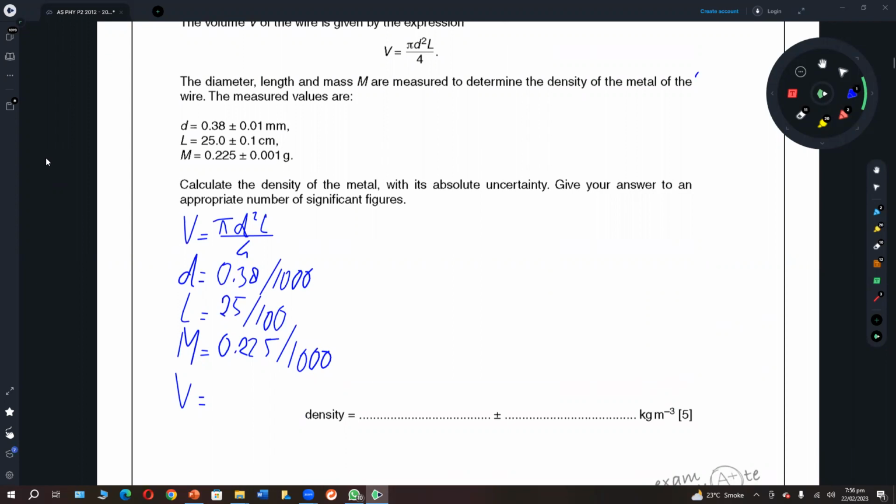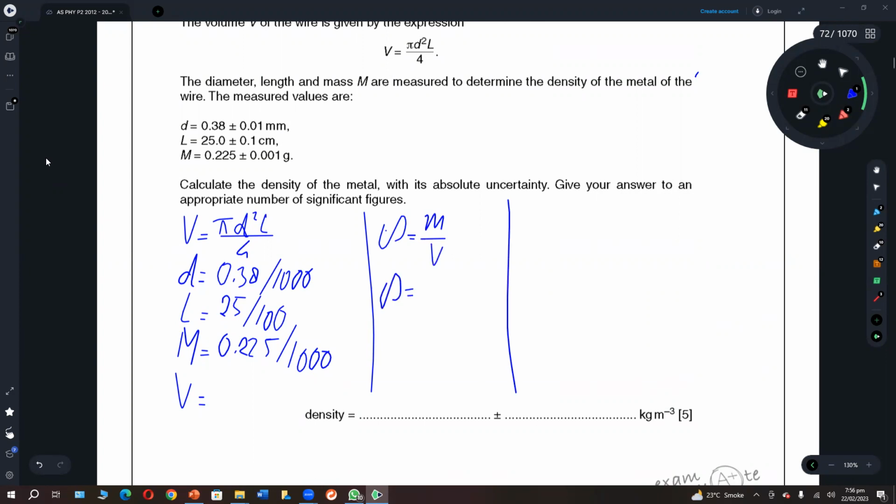First, we should get the volume. The formula is for volume. Then we will use density is equal to mass upon volume. Then you find density. First, help me to find the volume. It's coming as 7.5 into 10 power minus 5 for the volume.